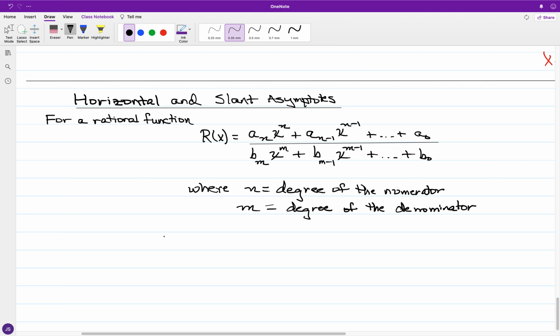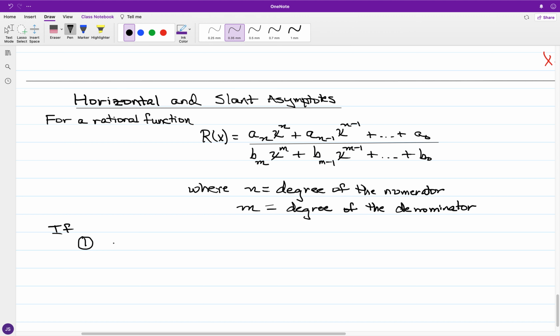Now, where the asymptotes, horizontal and slant, will come in, this will come down to the results of the degree comparisons.